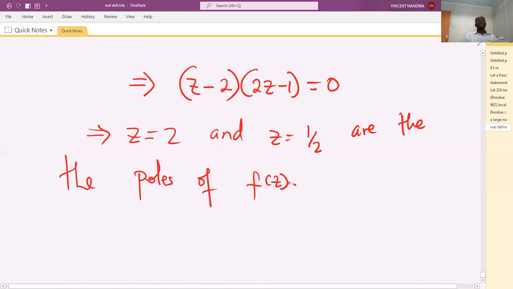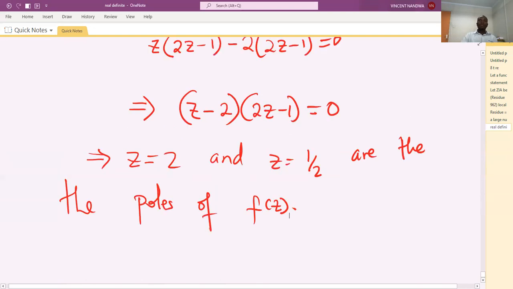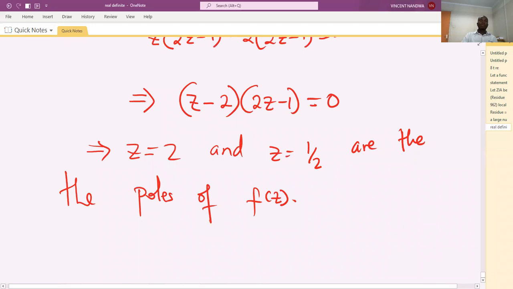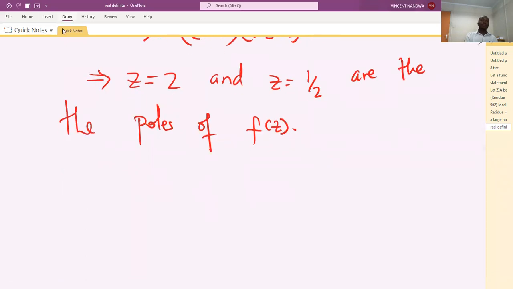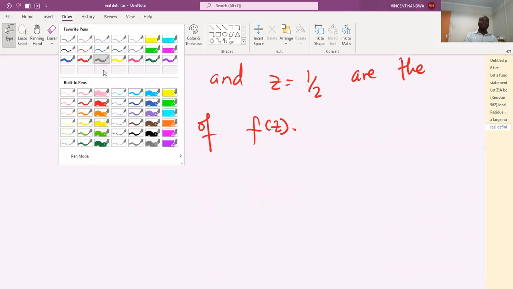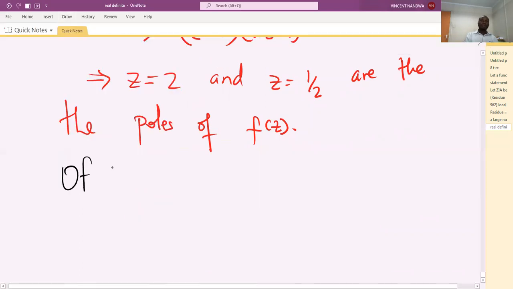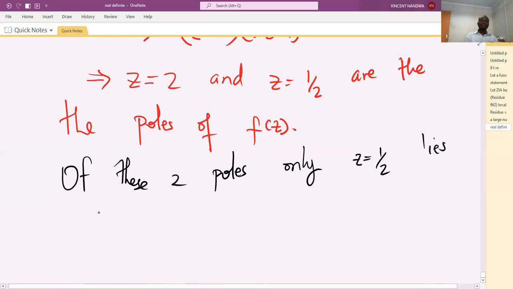Now, once you get the poles, you identify those which are within the unit circle. Those which are outside the unit circle are excluded from the computation. So of these two poles, only z equals a half lies within the unit circle.